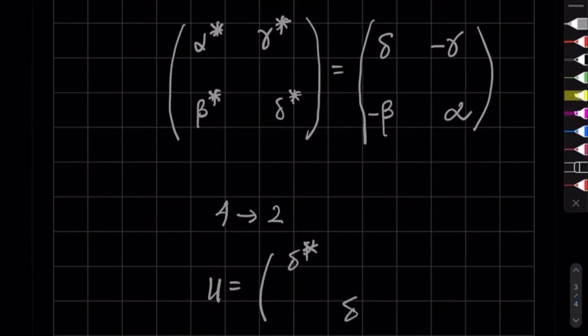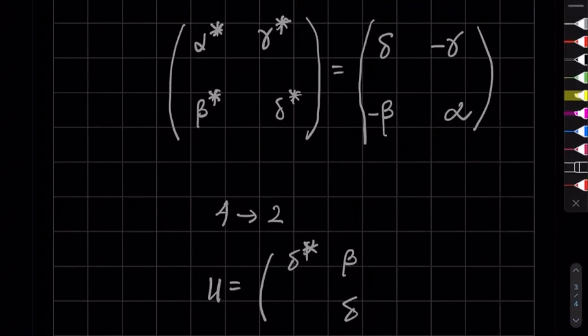And then this is beta, and gamma becomes, is that right? Let me just look this up quickly. I think you need to transpose the other matrix, the one with the Hermitian conjugate.